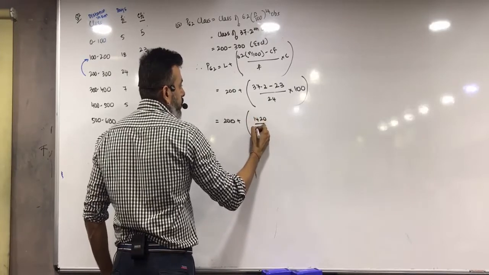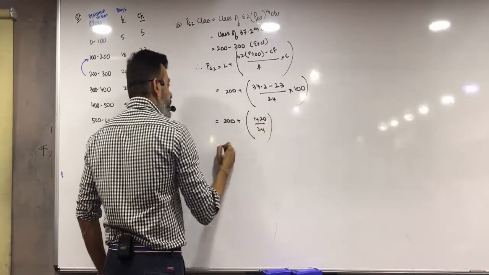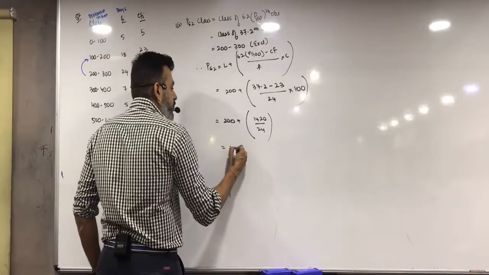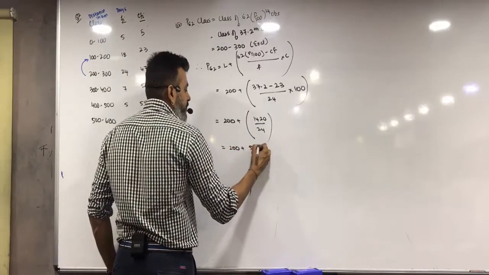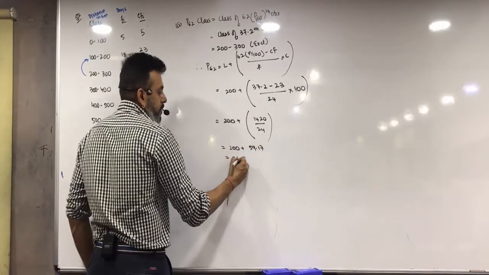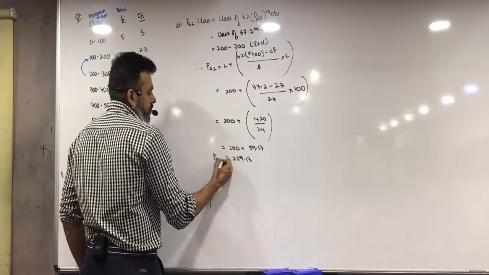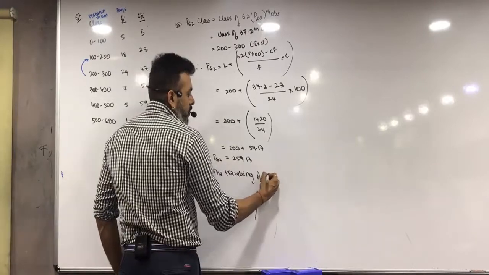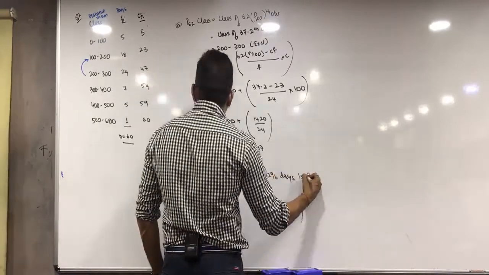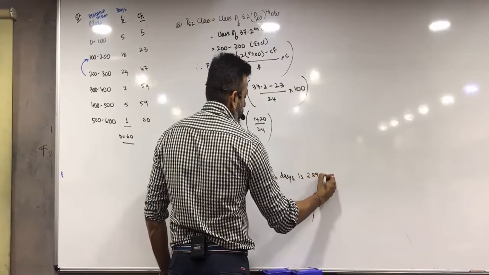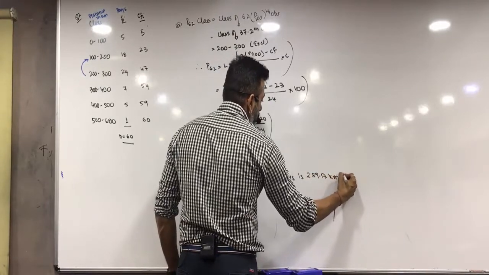That is 14.2, so 1420 divided by 24. 200 plus 59.17 is P62. The traveling of 62% of days will be 259.17 kilometers or less.